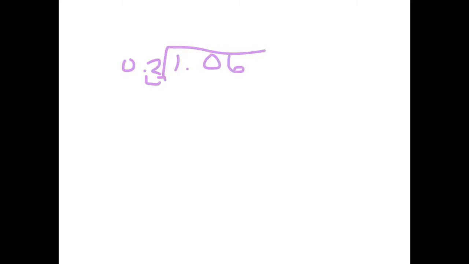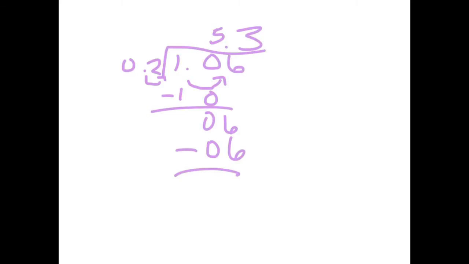So once you've done that, you can now carry the decimal 1 over, so your dividend is now 10.6. 2 can go into 10 5 times. 10 minus 10 is 0. Don't forget to add your decimal point. And 2 can go into 6 3 times. And 6 minus 6 is 0. So your final answer is 5.3.